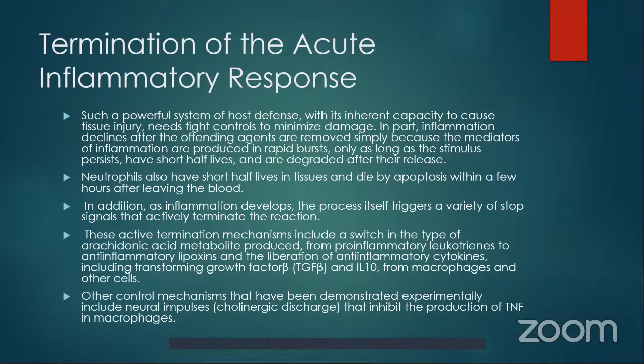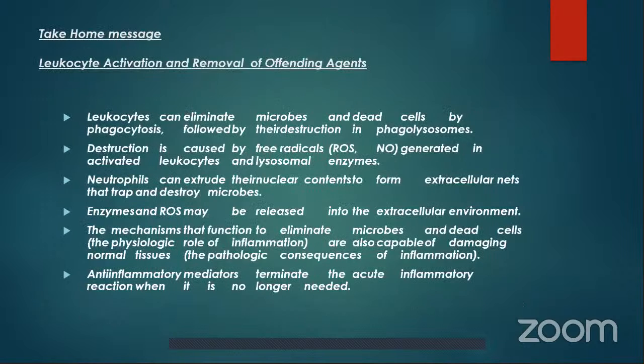Other control mechanisms that have been demonstrated experimentally include neural impulses, which will inhibit the production of TNF in the macrophages. So these are the various mechanisms by which the acute inflammatory response is terminated.